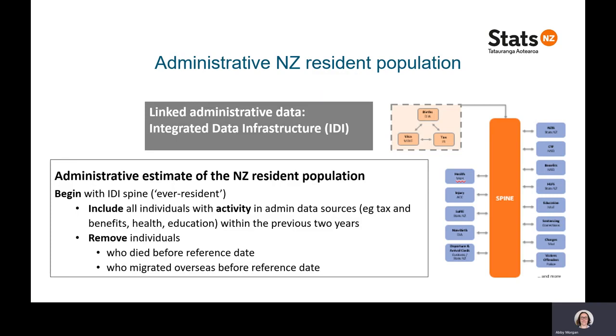We use signs of life data to identify records to include in the current resident population and to remove records who are not part of the population, either because they've died or because they no longer reside in New Zealand. This population is a good approximation of the New Zealand population, but it does have some limitations that we need to consider in the census context.